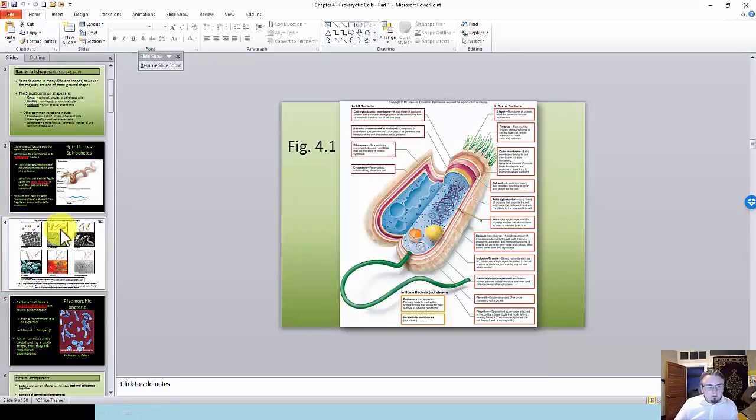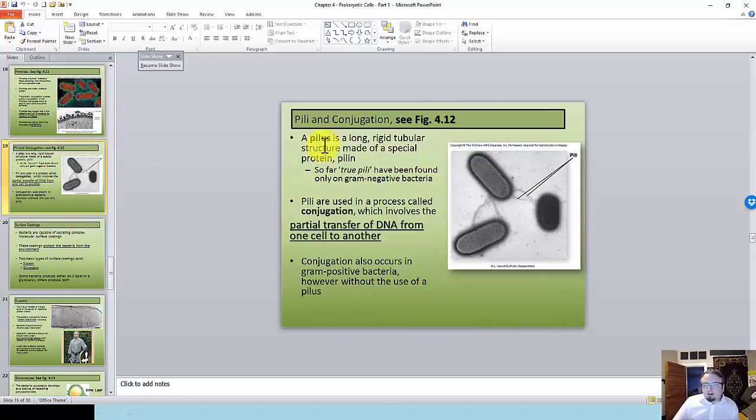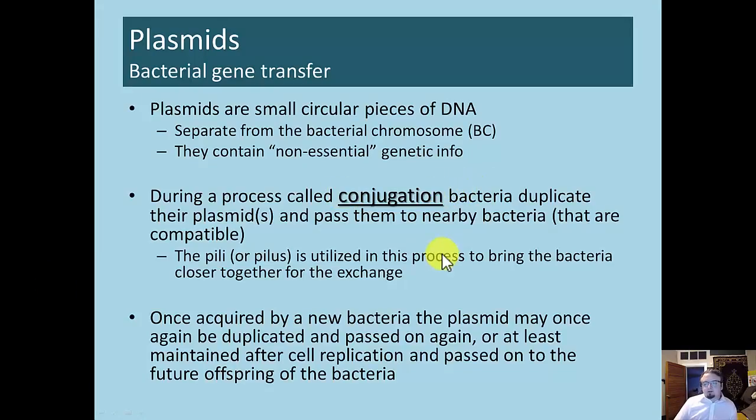Going back to chapter 4, part 1, I talked about the pilus or the pili, the attachment structure between two or more bacteria, and how this is used in conjugation. Conjugation is a process by which bacteria link using the pili and then exchange plasmids back and forth and swap that genetic material.